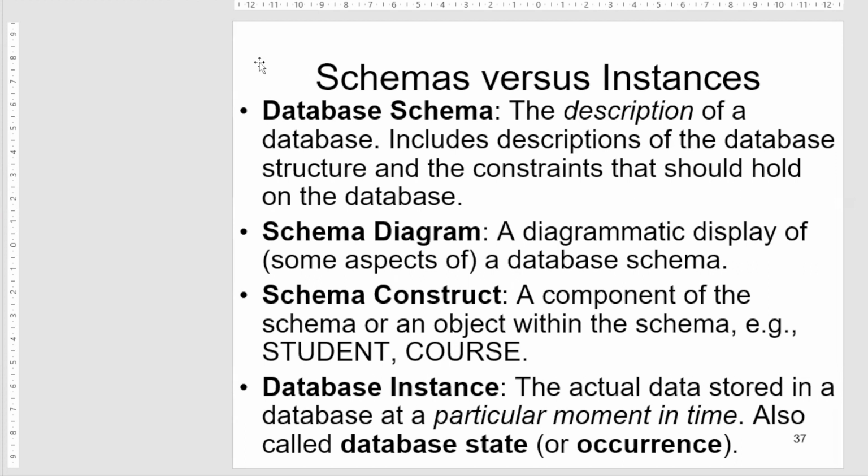Right? Okay, so terms with the definition, let's look into, right? Okay, database schema. So this is the description that we have for the database, right? Okay, so this has what is the structure and what are the constraints that this has, right? So then that this means the database should have. So that is the database schema.